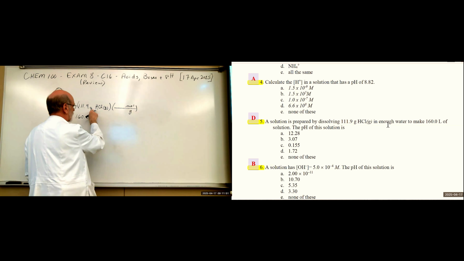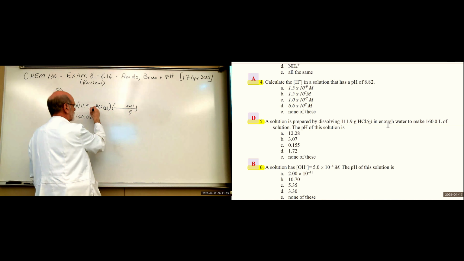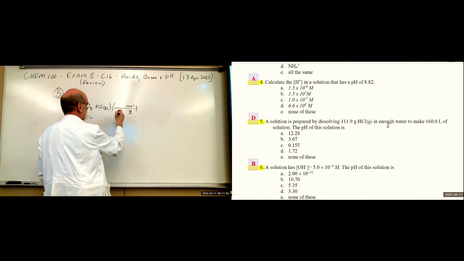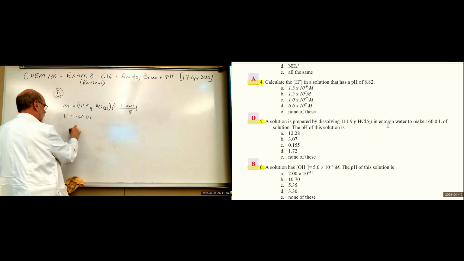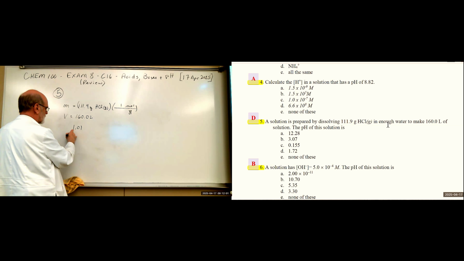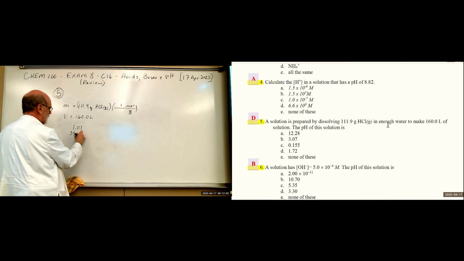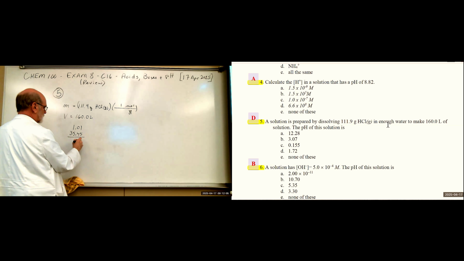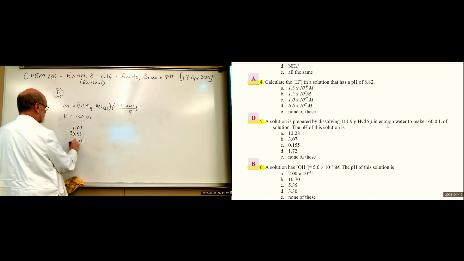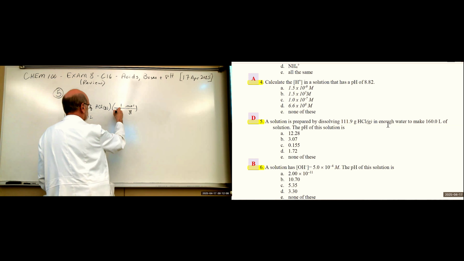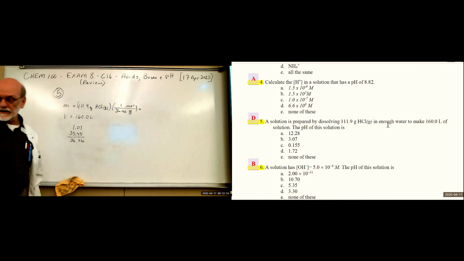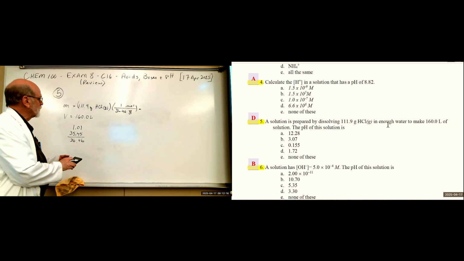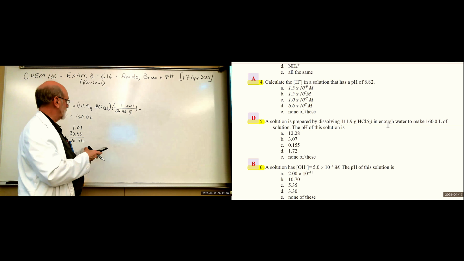Grams, top, bottom, they cancel. So what we need is the molar mass of hydrogen chloride: 1.01 for the hydrogen and 35.45 for the chlorine. That's 36.46. That will tell us the number of moles of hydrogen chloride.